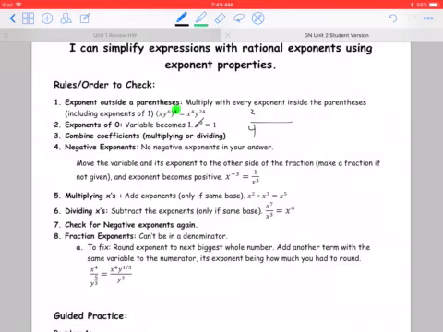So number 4, negative exponents will happen and you can't have them in your answer. So when you see it, the fun phrase I've heard is that if you have a negative exponent, it's unhappy and it needs to move to a different floor. So if it's in the numerator right now, like on number 4, it has to move to the denominator, and then it becomes happy and positive.